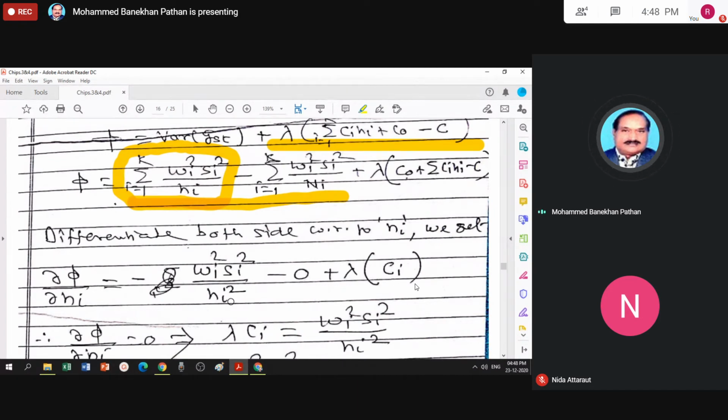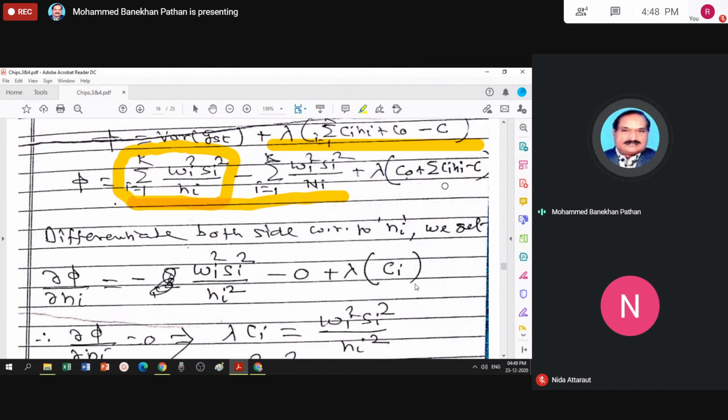Remember, there is no small ni here. That means it is a fixed quantity. Ni is a variable for our case. So differentiation of a constant is 0. That's why I put 0. Plus lambda, differentiation of a constant is 0.